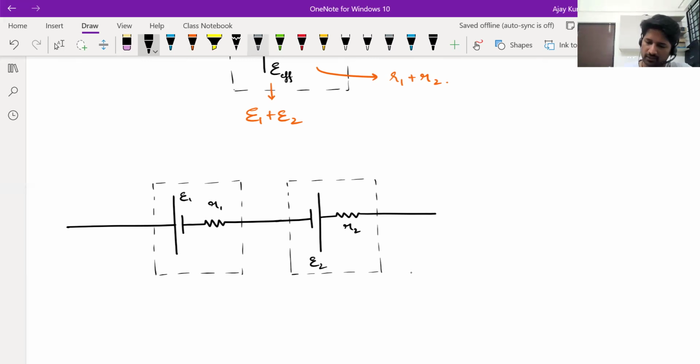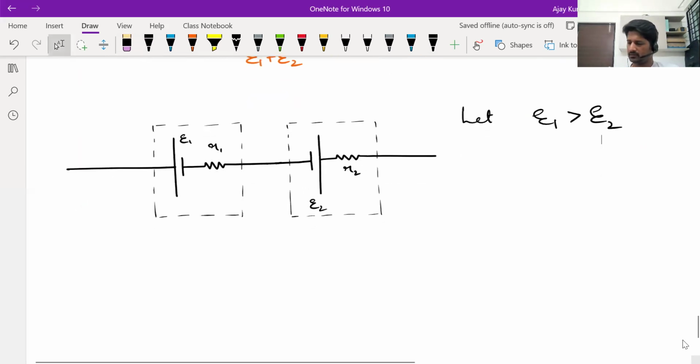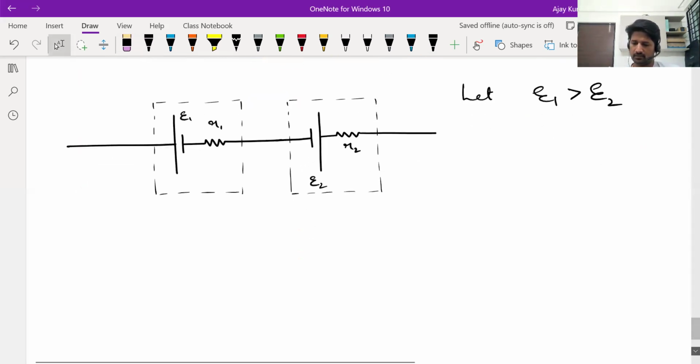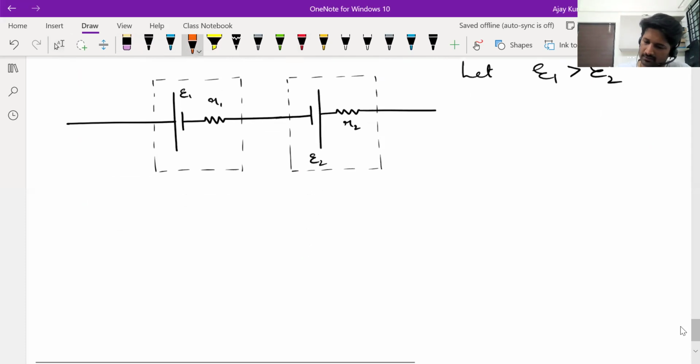Let's say current is flowing to the left. Fine. Or first we'll take without current, what is the EMF and all. Let's say E1 is greater than E2. And let's also mark the points A, B, and C.